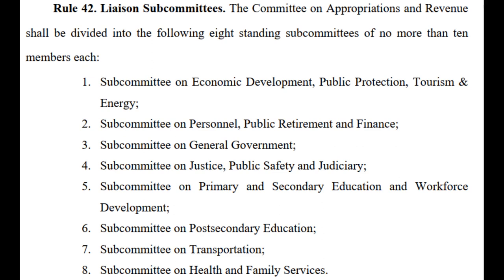Subcommittee on General Government. 4. Subcommittee on Justice, Public Safety and Judiciary. 5. Subcommittee on Primary and Secondary Education and Workforce Development. 6. Subcommittee on Post-Secondary Education. 7. Subcommittee on Transportation. 8. Subcommittee on Health and Family Services.